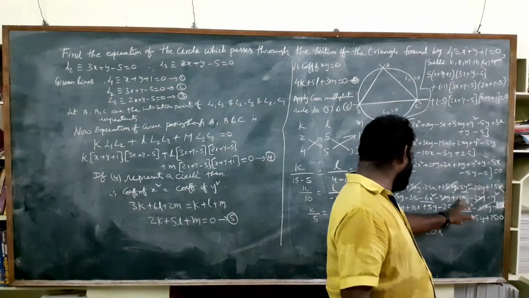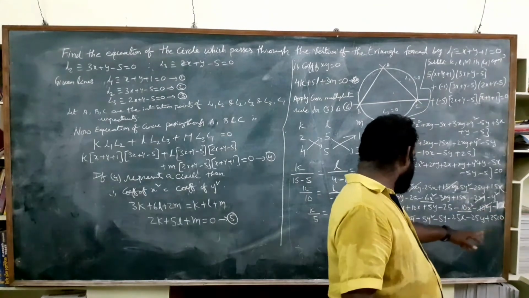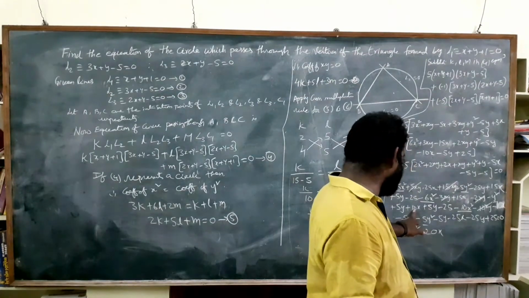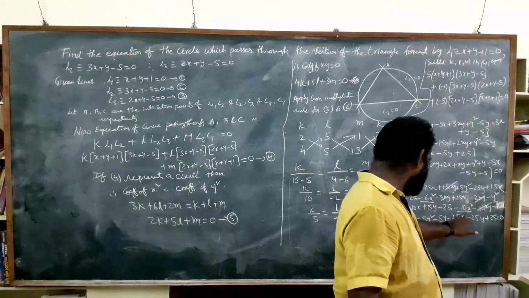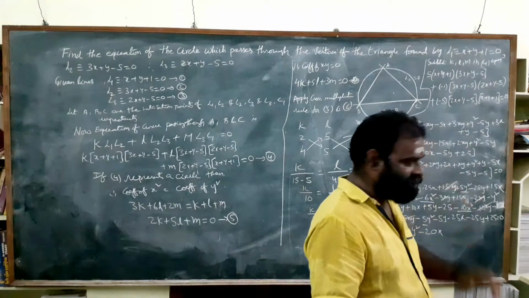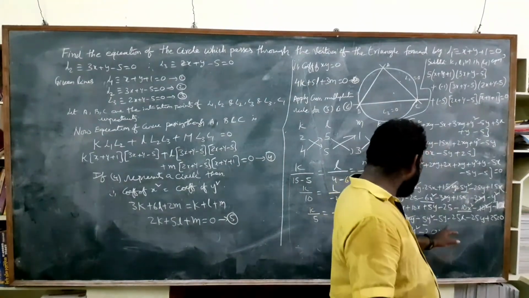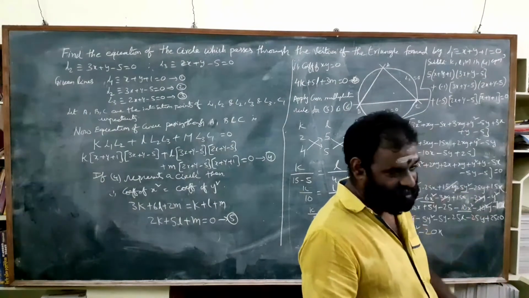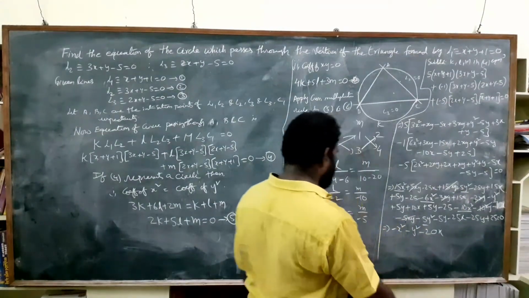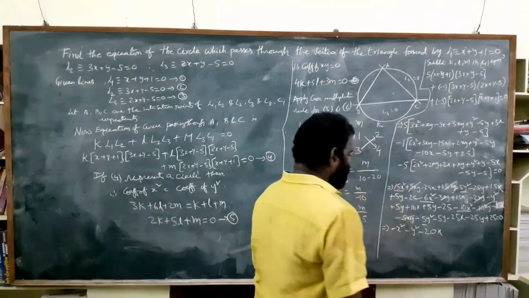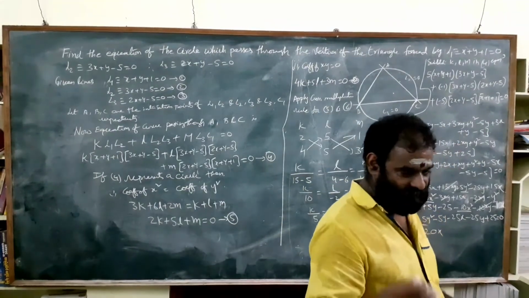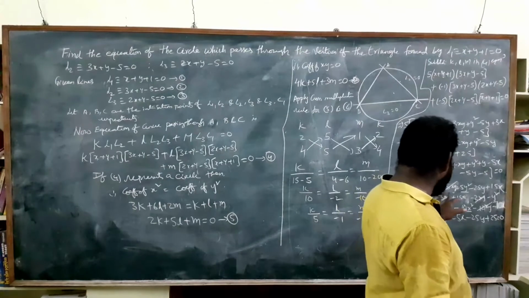So you get 5 here, and then 5 plus 10, 15, 15x. 15 minus 10, 5x. 5 minus 25 here, 5 minus 25, minus 20. So this is minus 20x, and you go for y terms.